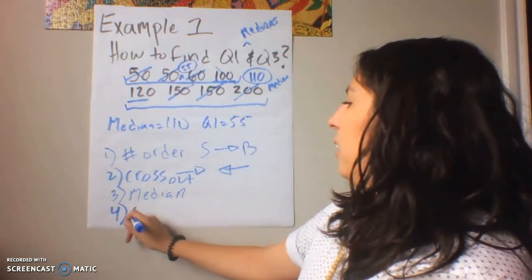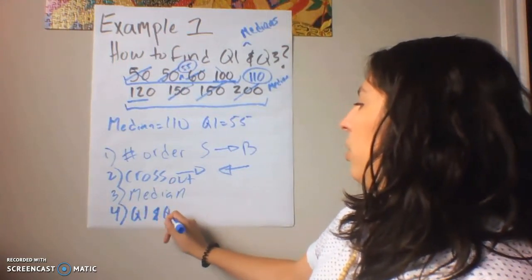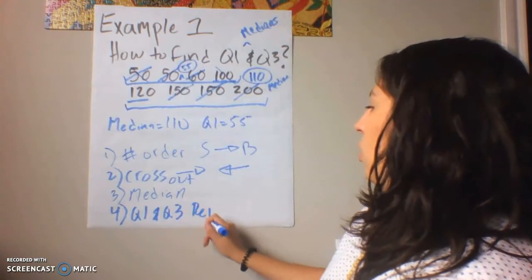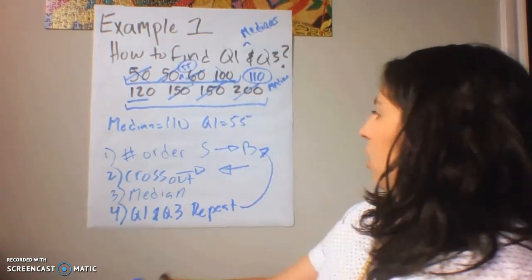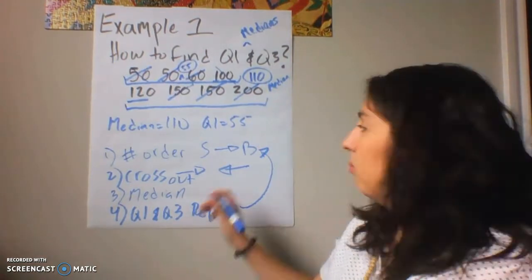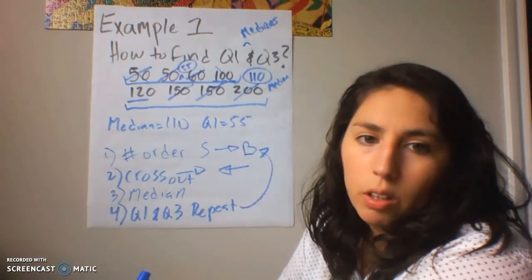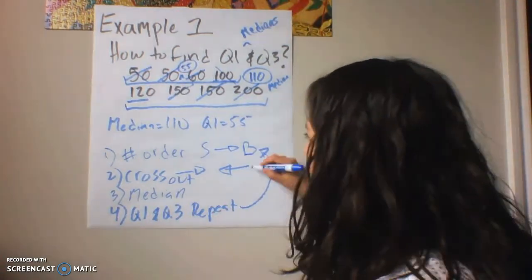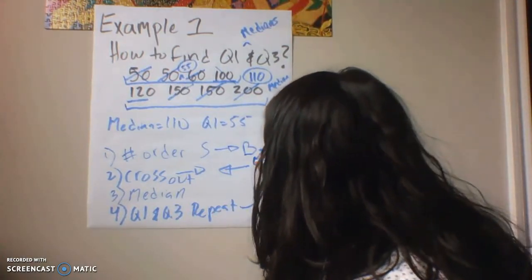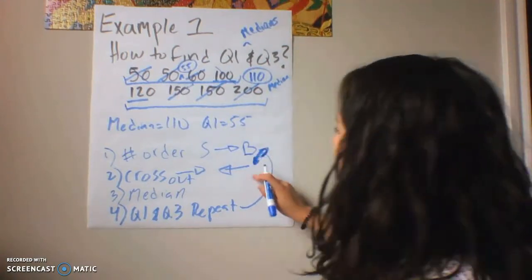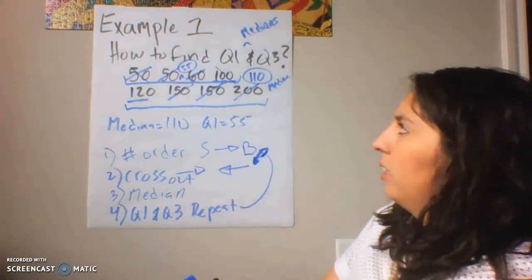So the last thing is for Q1 and Q3, repeat from the second step, which is cross out. So repeat this, crossing out and then finding the median.